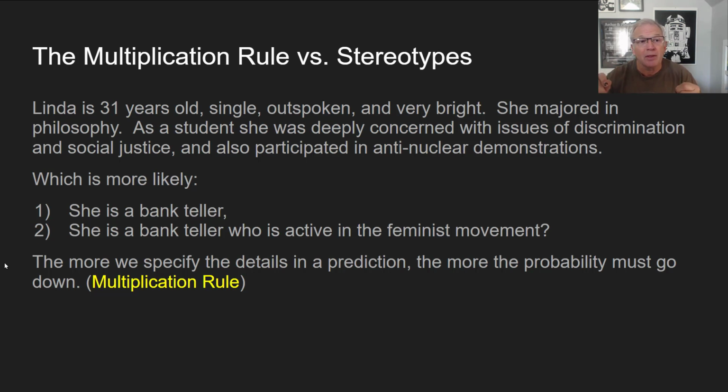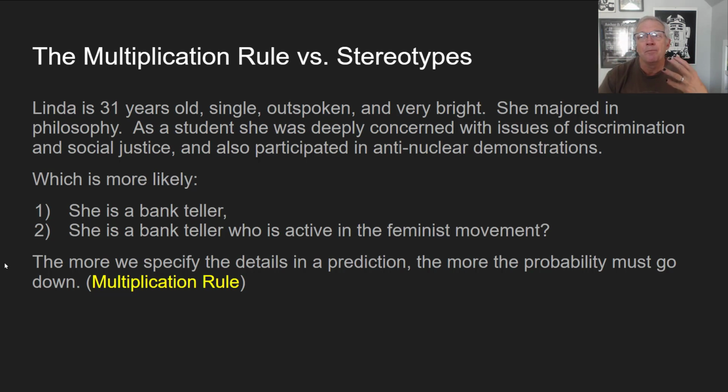Look, the probability that I'm going to flip a coin and get a heads once is 0.5. The probability I'm going to get a heads and a heads in 2 flips is 0.5 times 0.5, which is 0.25. I'm specifying the situation in more detail. I'm specifying more independent properties, and as those go down, what happens is you multiply those together, and the overall probability of this more specific story or this more specific prediction goes down and goes down.